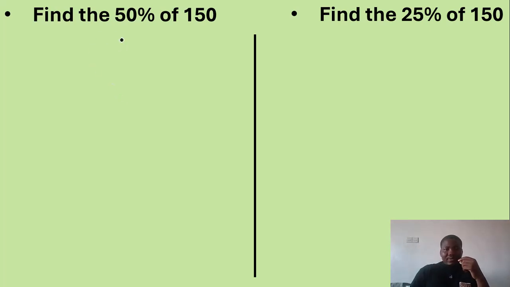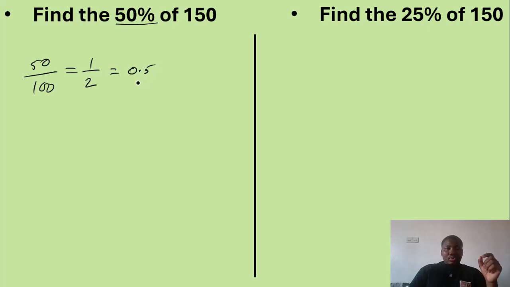For example, when you say 50% of something, as we have discussed earlier, 50 over 100 is same as half, which is 1 over 2 or 0.5. So when you want to look for 50% of something, you are looking for half of that thing. And half of 150 would be 75.